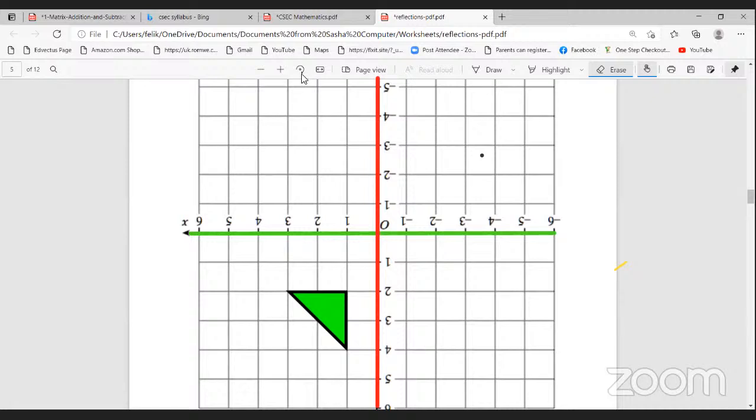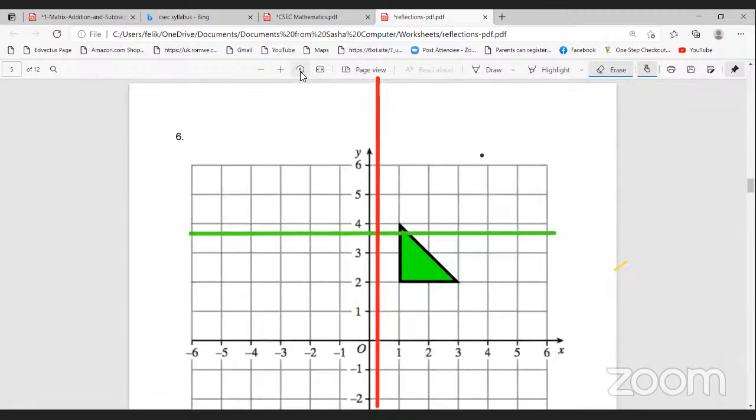All right. So we're gonna turn it back to the original. So when we reflect, it's going to end up on the other side of the line. Does that make sense? Yes, ma'am. All right. So let's scroll up a bit.